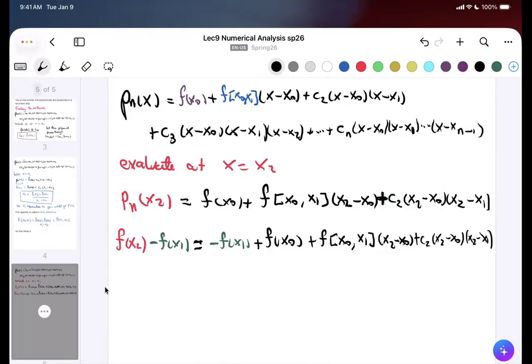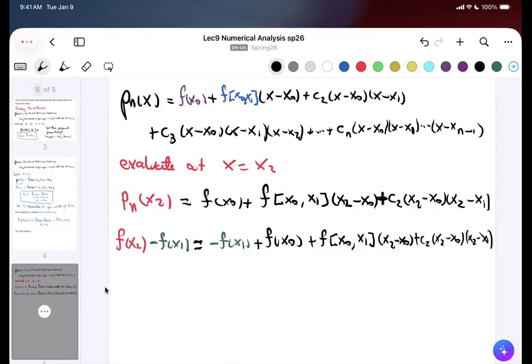Another way to think about this formula, if you multiply by B minus A, is that the divided difference times the interval, or the difference in the values, is the same as f of B minus f of A. It's like saying delta f is the slope times delta x.